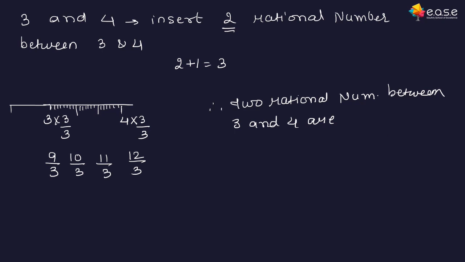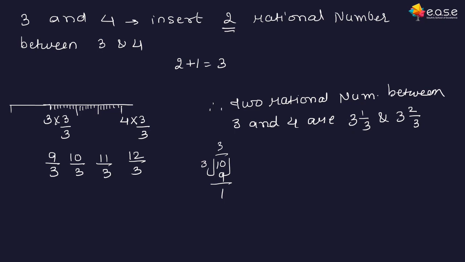So what will you get if you divide 10 by 3? 3 3s are 9, remainder 1. So you will get 3 1 by 3, and this will be again 3 2 by 3. Correct? These are the two numbers.